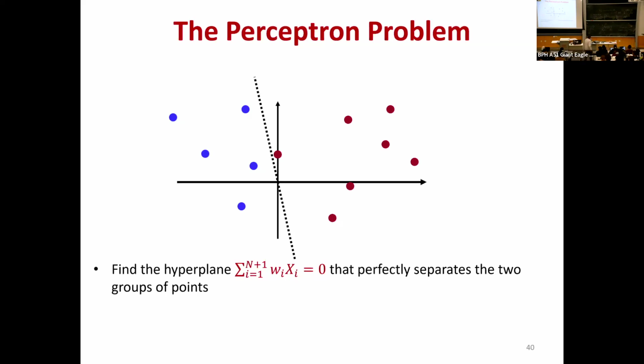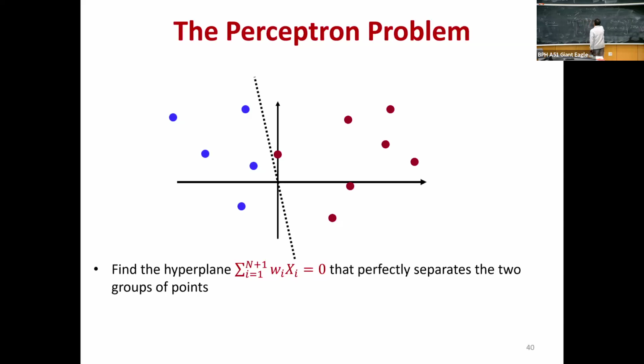Now, I can write it somewhat differently. When I say summation wi xi, this is showing it in explicit scalar form, but then I can write all the wi's in vector form, which is w1, w2, wd.